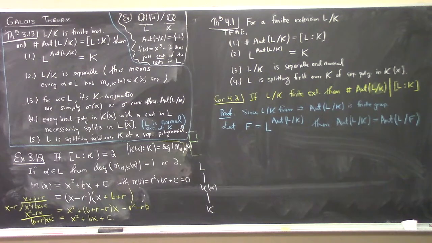Is that obvious? Oh man, I'm sorry. I thought it said Aut L over k is equal to Aut L over k. Well, F is the fixed field of Aut L over k.